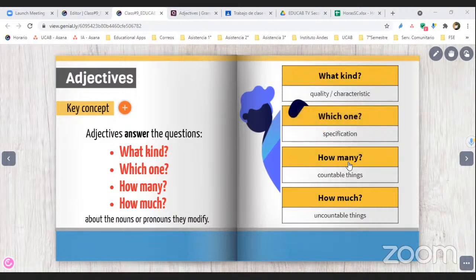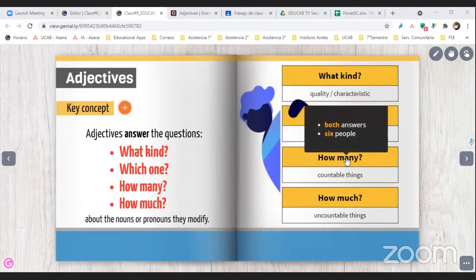Then we have the question, how many? That is for countable things. So for example, we have both answers and 6 people. Both answers, why? Because I can count answers. For example, I can ask Ildamar or Genesis about their favorite subjects at school, and they can tell me a lot of subjects.